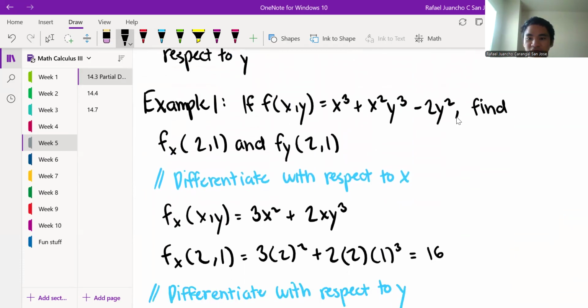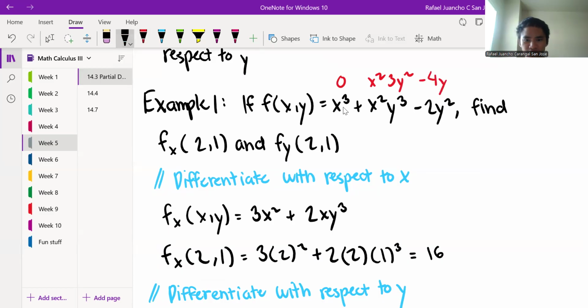So again, let's look at my function. X cube is a number, so that's gonna be a 0. This one, this is a number again, x squared y. This one has 3y squared. And this one is negative 4y.